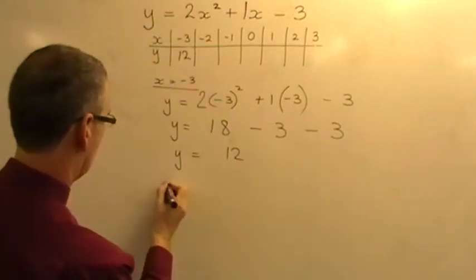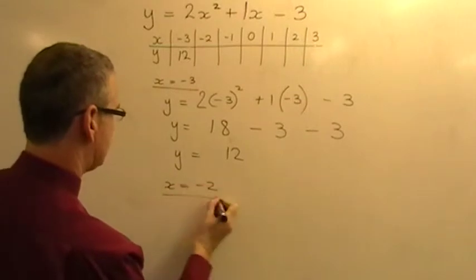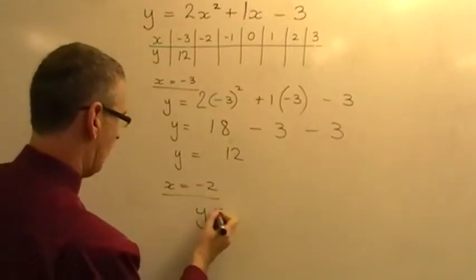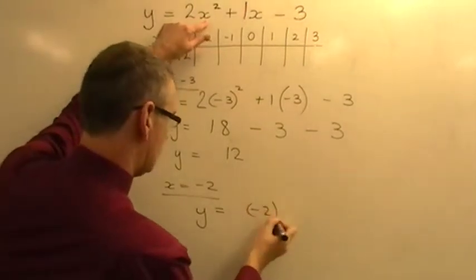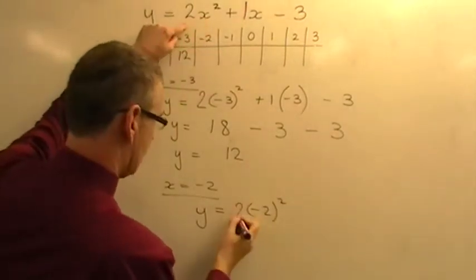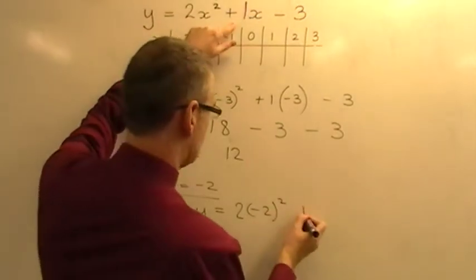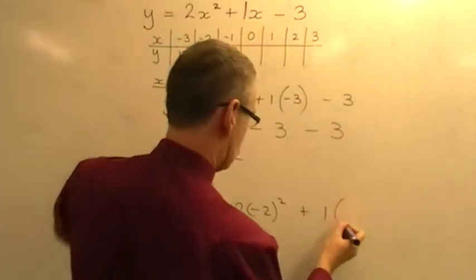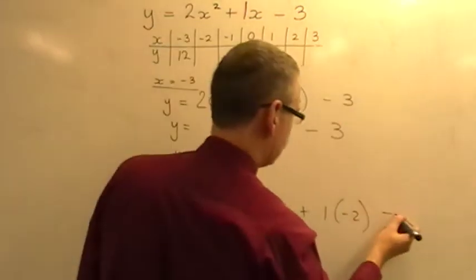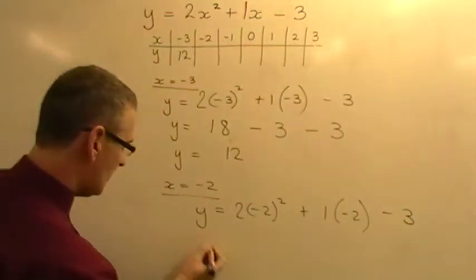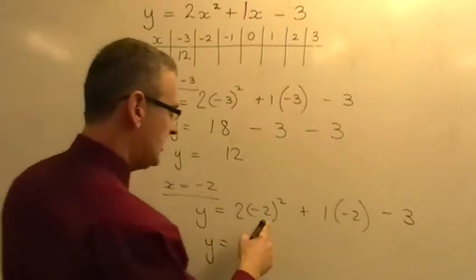Next one. x equals negative 2. Let's write it down again. y will be equal to, take the x and square it. That's negative 2 squared. Double the answer. Plus 1 lot of x. So it's 1 lot of negative 2. Take away 3. So y turns out to be negative 2.